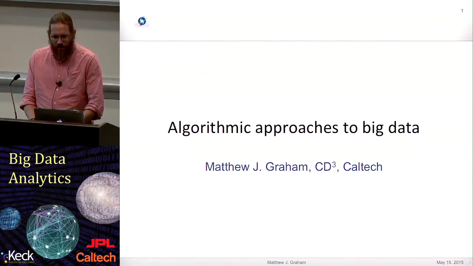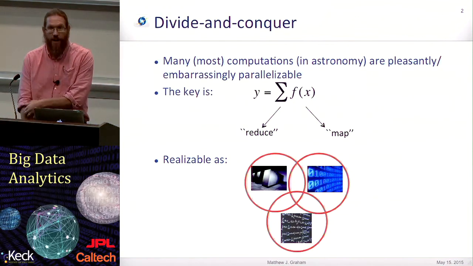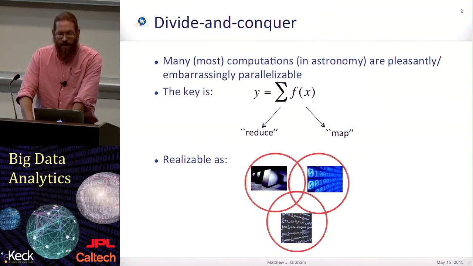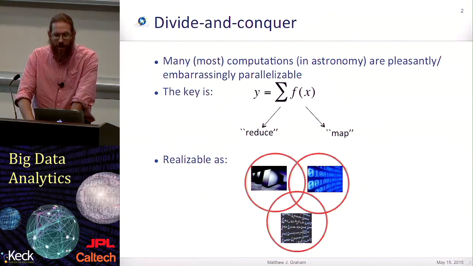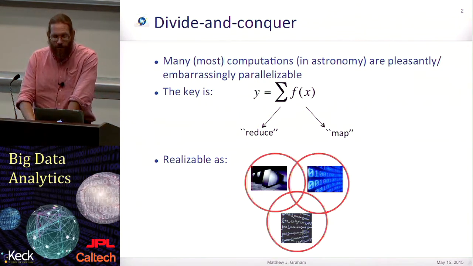So the main idea behind many of these is a sort of divide and conquer type approach. Many computations in sciences which are working with very large data sets, and we'll take astronomy as our example, are either what's known as pleasantly parallelizable or embarrassingly parallelizable.